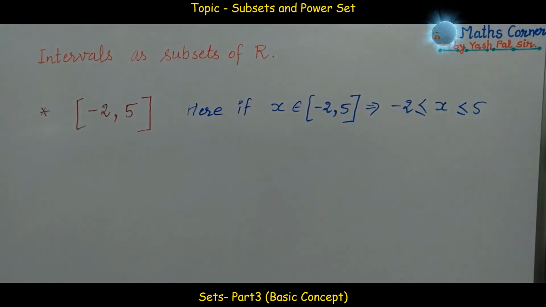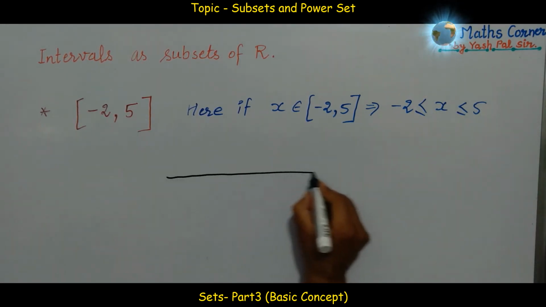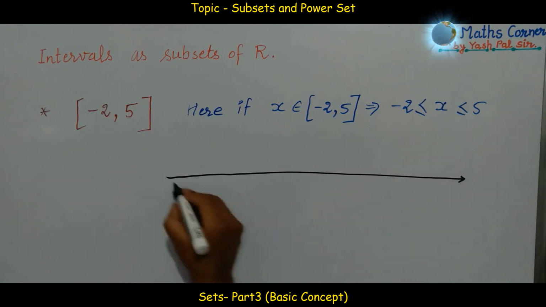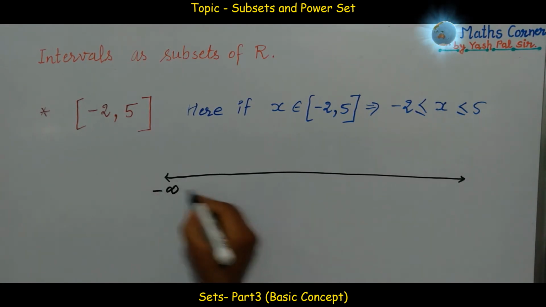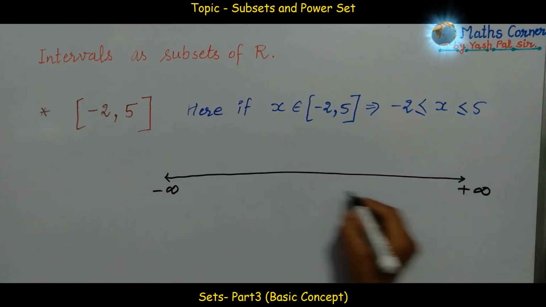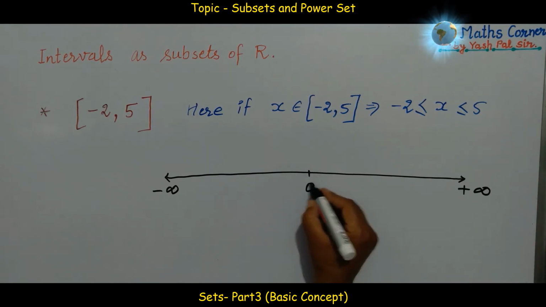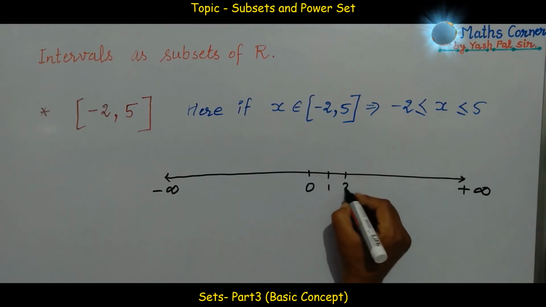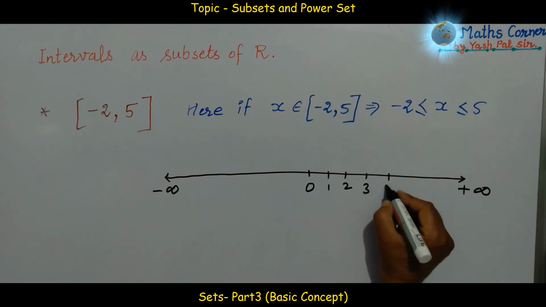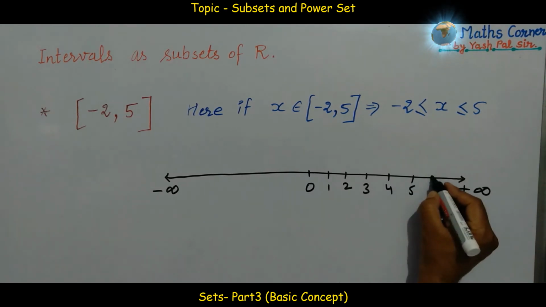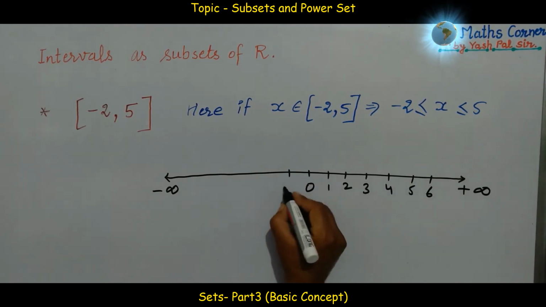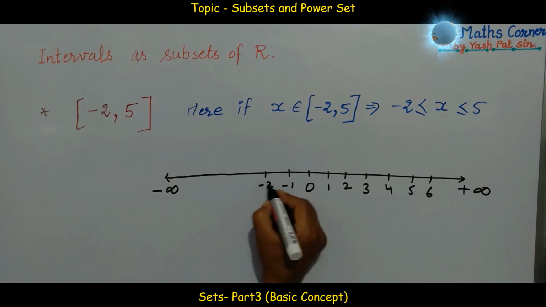And moreover, on the number line it is this. Here again, minus infinity to plus infinity. Somewhere in the middle we have 0, 1, 2, 3, 4, 5, 6. Left side -1, -2, -3.